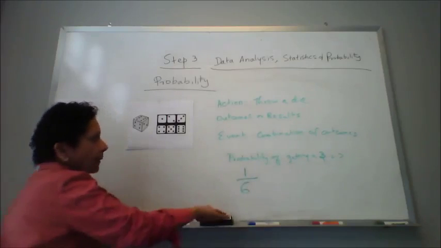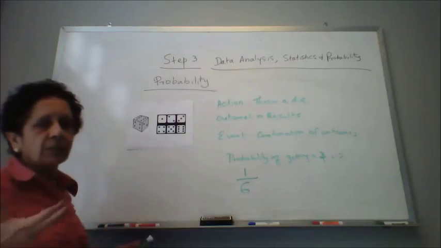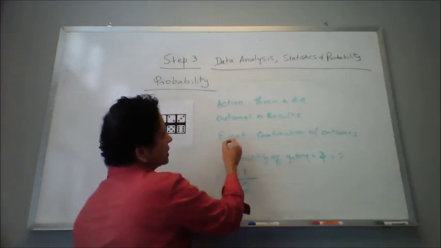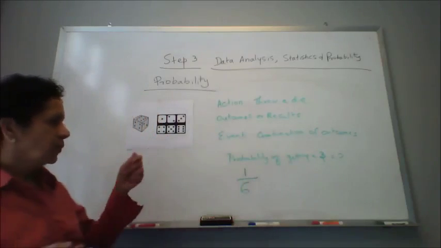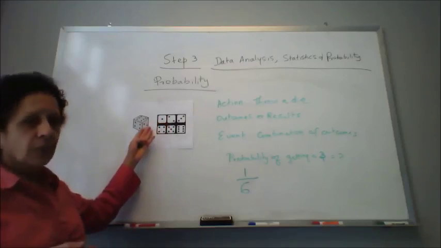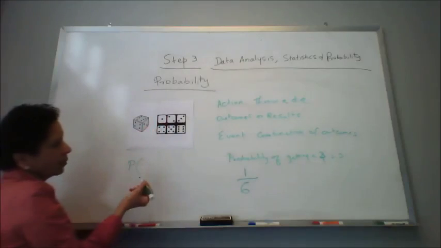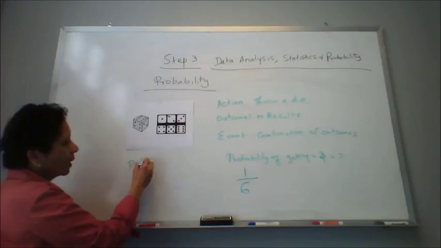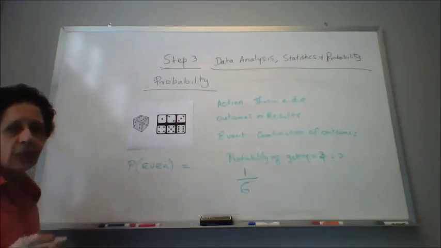So now, another terminology. Now you have a basic understanding of the probability. And the event means that it's a combination of outcomes. For example, I'm throwing this die, and I'm asking you, hey, what is the probability? Usually we just say P for probability. What is the probability that I get an even number? Okay, I'm asking you that.